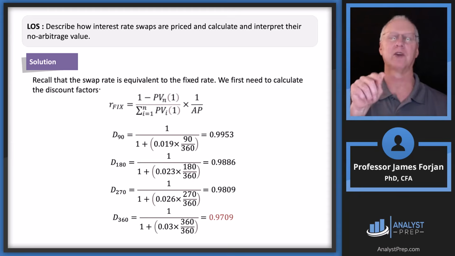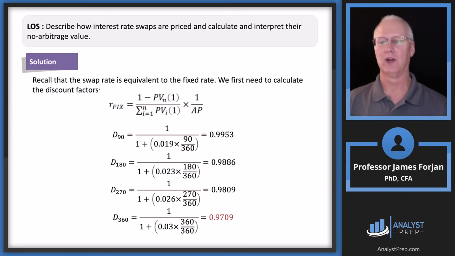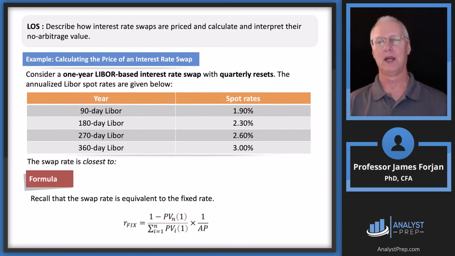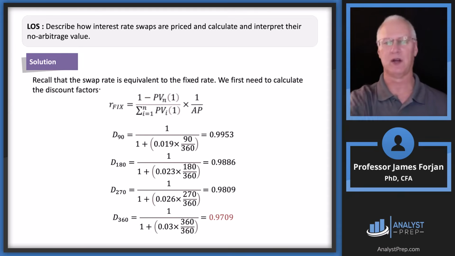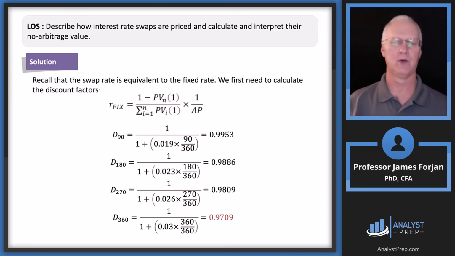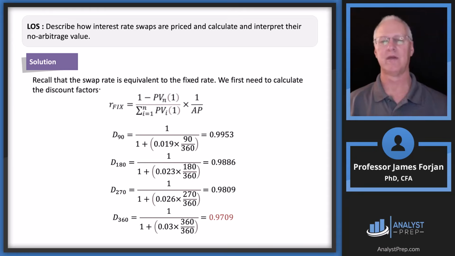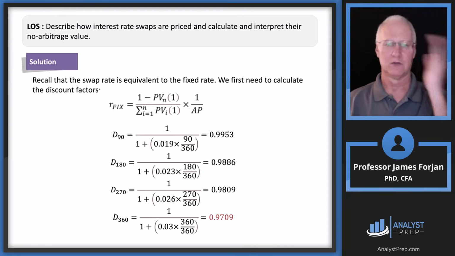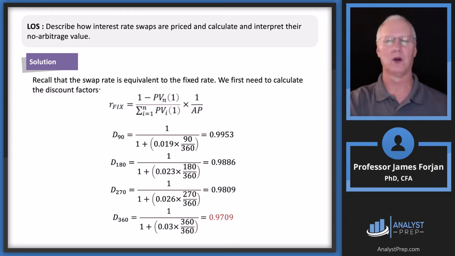So our discount factor is going to be 1 over 1 plus the yield curve rate, adjusted by the time. Just to remind you, there's 90, 180, 270, 360, so there's our adjustment for time. And we get our discount factors that start at .99, they go down to .98, .98, and .97. Notice we have put in red the 1 year, .9707. Point of note, with an upward sloping yield curve, these numbers are going to be declining.